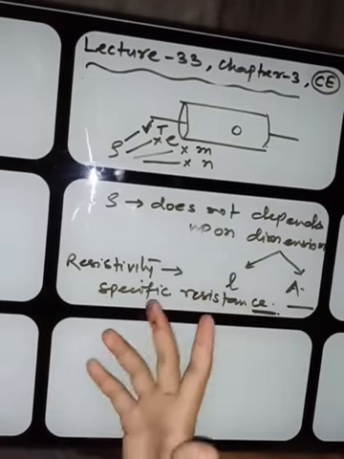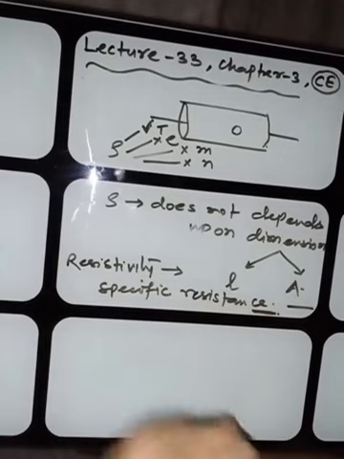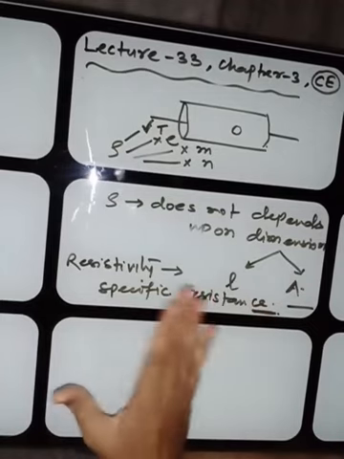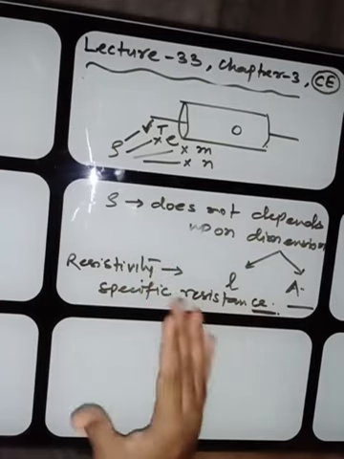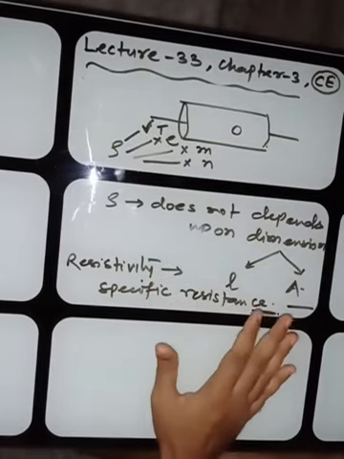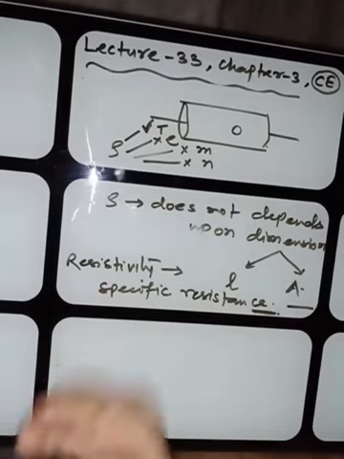Since it is already the smallest part, you cannot change the length or the cross-sectional area. So again it is not depending upon the dimension.